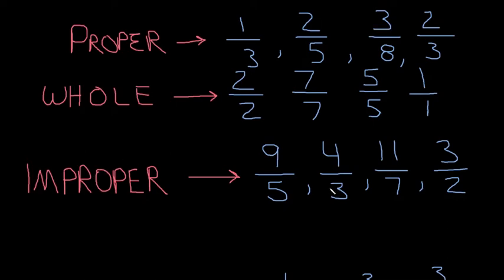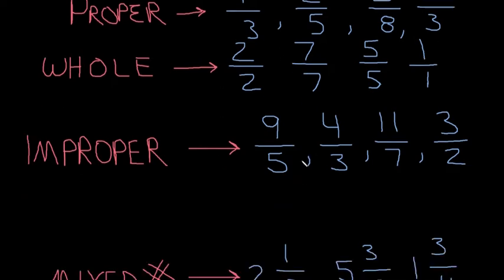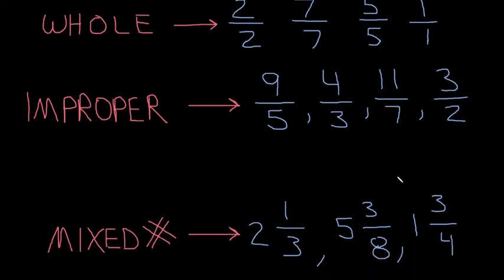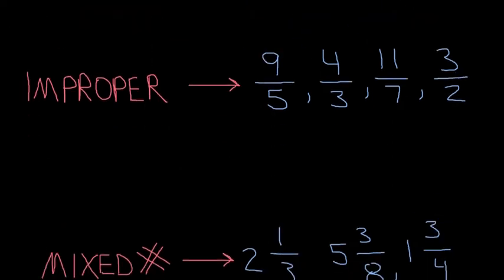On an improper fraction, the value is always greater than 1. And on a whole fraction, it's always equal to 1. Because an improper fraction is greater than 1, we can convert it into what's called a mixed number. So we're going to go ahead and convert these impropers into mixed numbers.